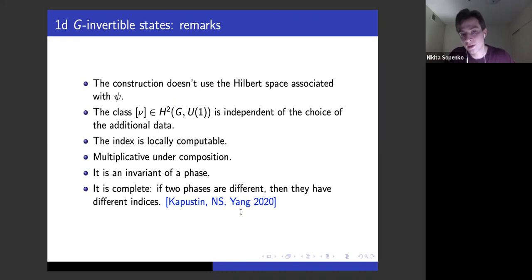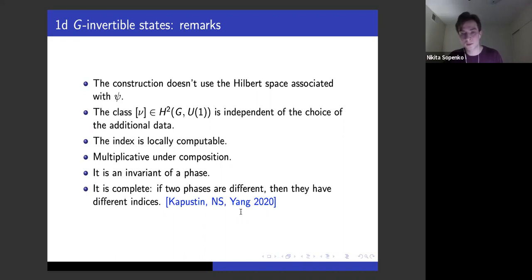And moreover, the index is actually locally computable. By that I mean that we can consider a large enough region and compute some function nu by this average. And if the region is large enough, this function would be very close to the one that represents this cohomology class. And this index is multiplicative under composition. So these are the properties that we expect.